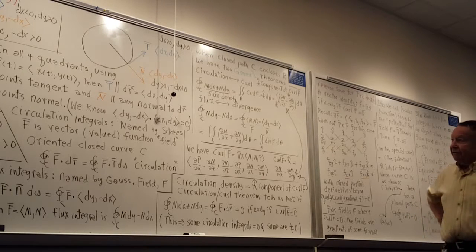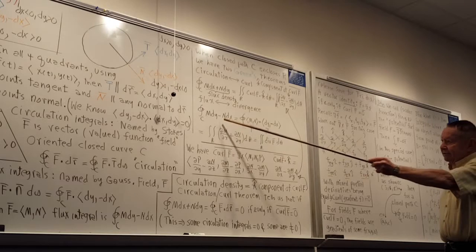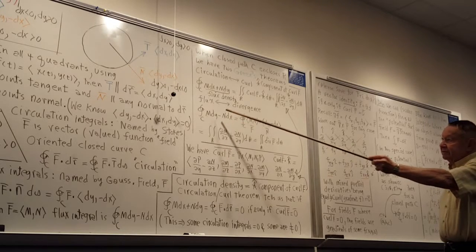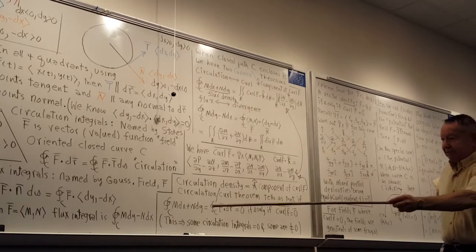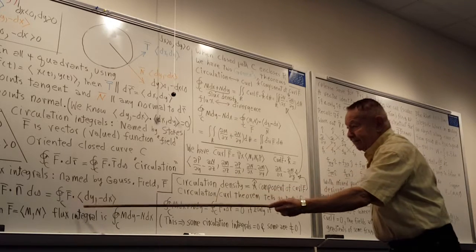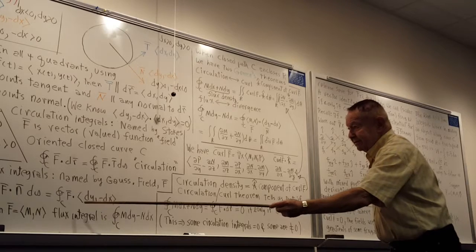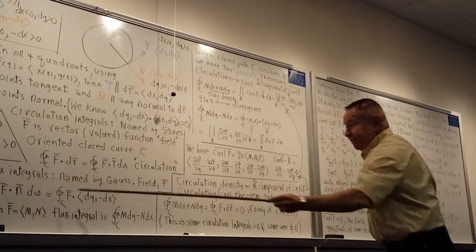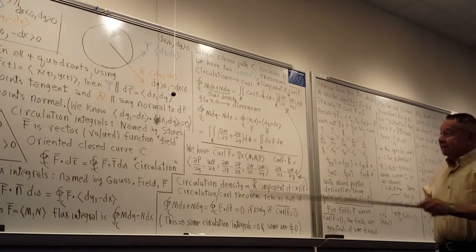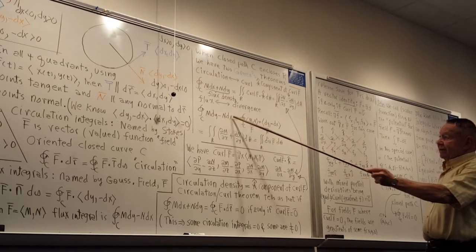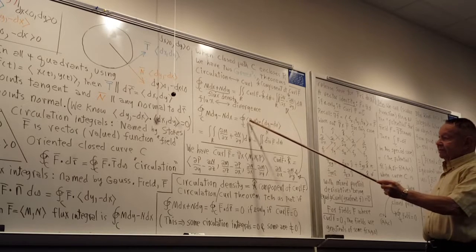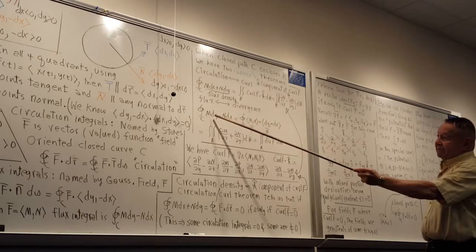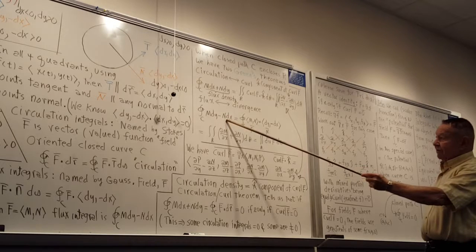The other one of the Green's theorems is this one, the flux divergence. This dot product of the field with the outward normal is the flux integral named by Gauss, as I said. So this is the outward flux around the curve. Here it is in what you could say is scalar form.